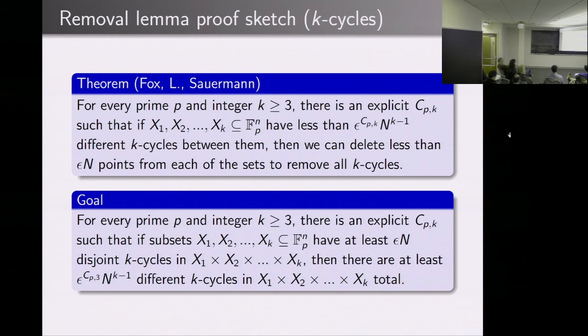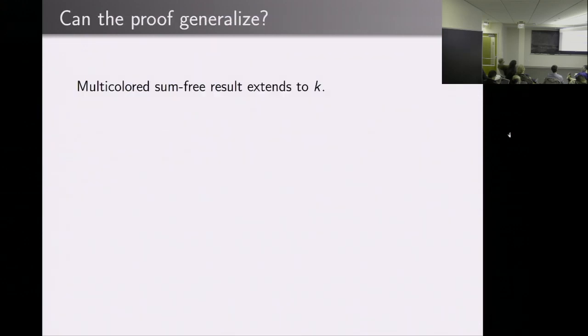We can reformulate it to say that if you can take a lot of disjoint k-cycles, then you have a lot of k-cycles in the product. That works perfectly. The product argument that gives you a little o(1) here also goes through exactly the same, and the multicolored sum free result also extends to k.